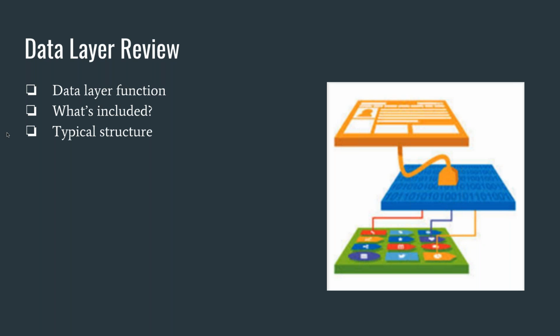So things like your page title, page name, category, any product information for products being viewed, or any basket information on a checkout page or purchase type of information, as well as any context that you might be pulling from your content management system on the back end or on content pages or on a content website.